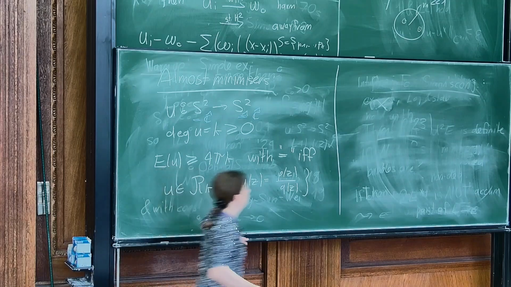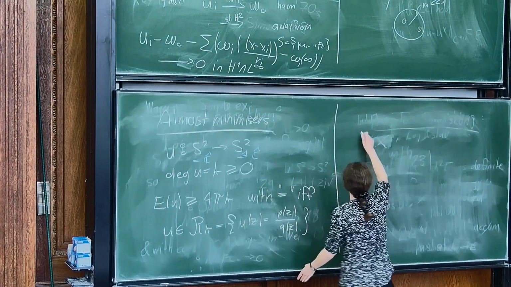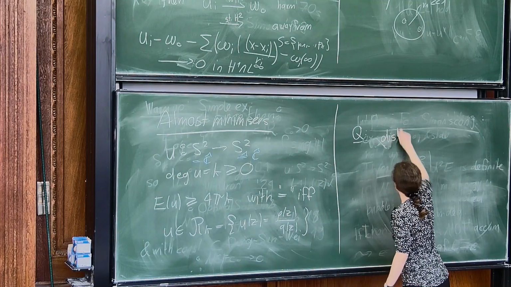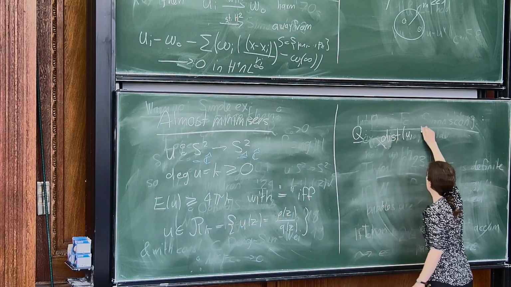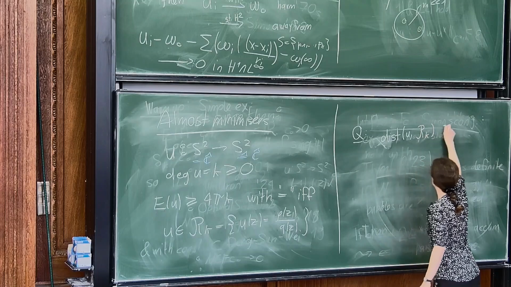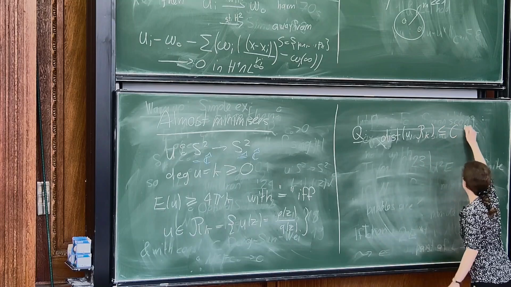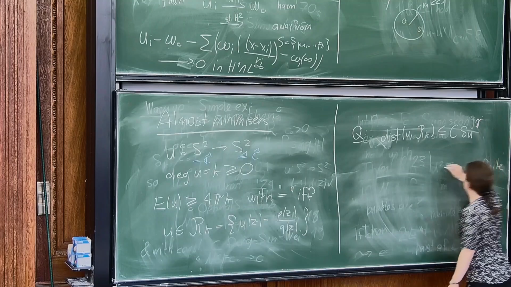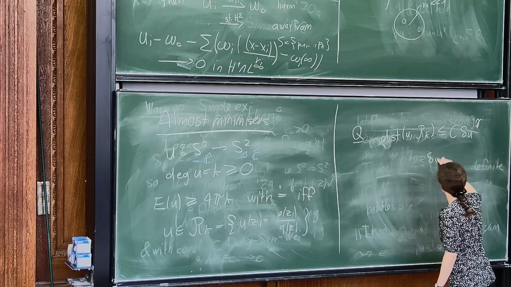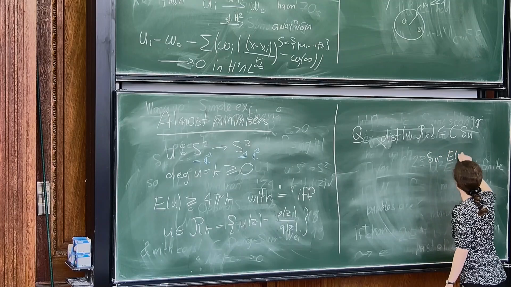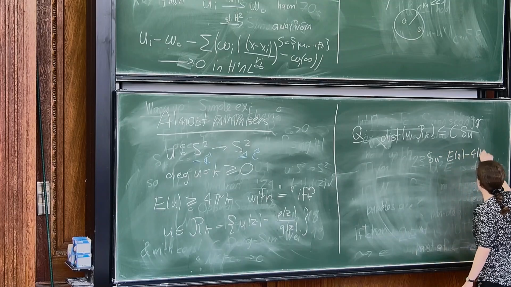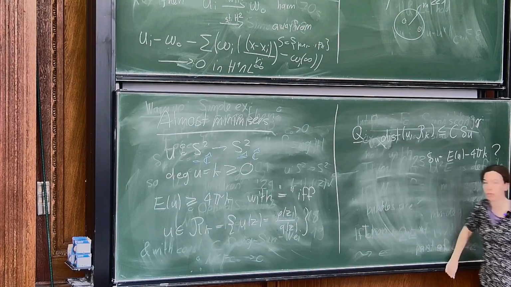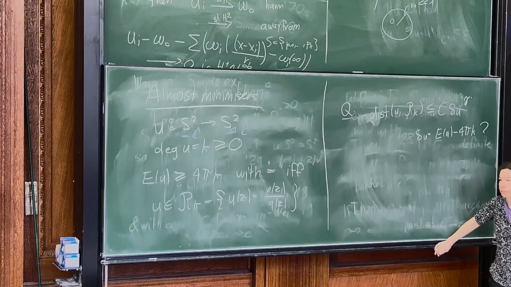Therefore, we can ask whether, in this case, I can bound the distance of a map U from the nearest rational map in terms of the energy defect to some power gamma, where delta of U is the energy of U minus 4 pi k.